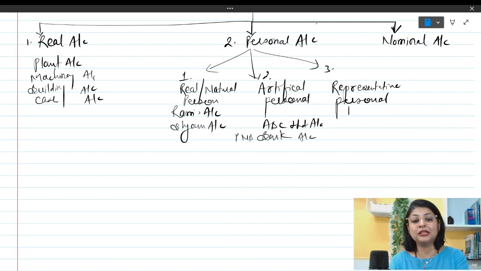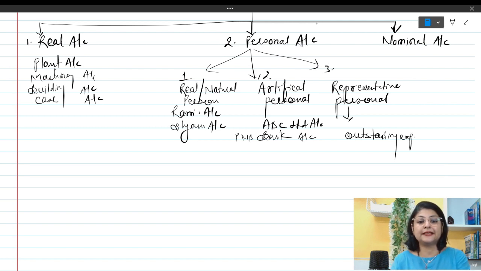For example, outstanding liability, outstanding expense, let's say outstanding salary. Outstanding salary on its own is nothing, it's just the name. Behind it there is a person for whom the salary is outstanding, to whom we have not yet paid. So any kind of outstanding salary is a personal account.